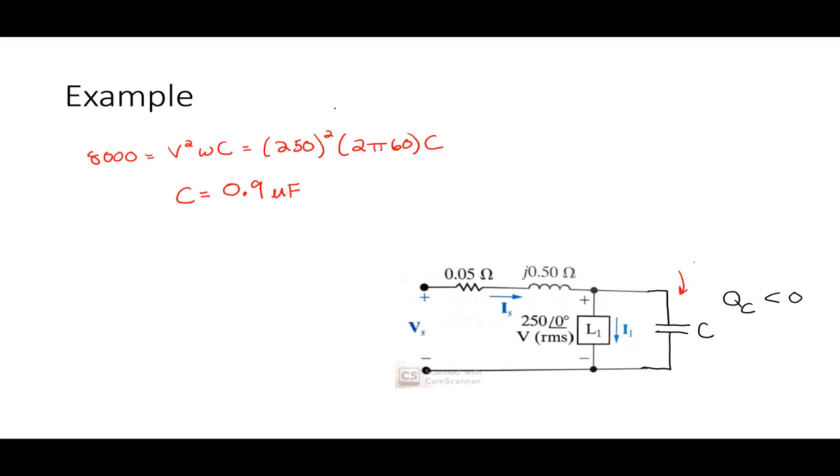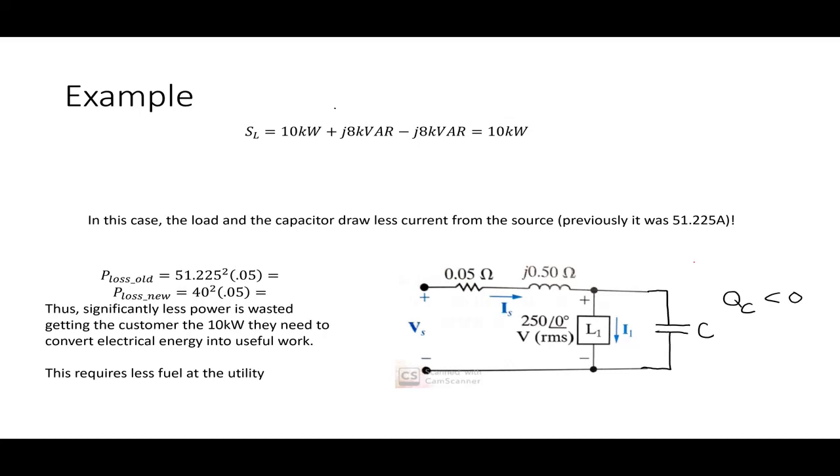Once I have that scenario, what I'm saying is effectively, with that 0.9 microfarads, I've changed this problem so that I have 10 kilowatts as I did before. I have 8 kVar being absorbed by my load, but that 8 kVar is now being supplied by this capacitor I put in parallel, so that the combined complex power is only 10 kilowatts.